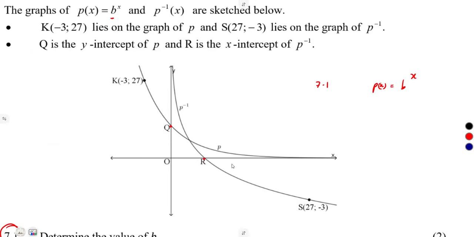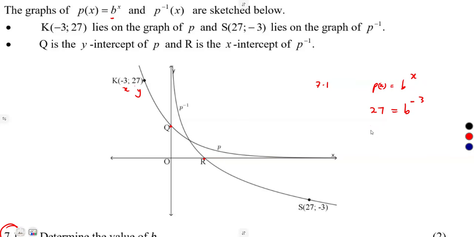And there is a point which lies on P, which is K. So we can use that point to substitute here. 27 is equal to b to the exponent of x. Our x is -3. So thus, we can calculate the value of b from there.